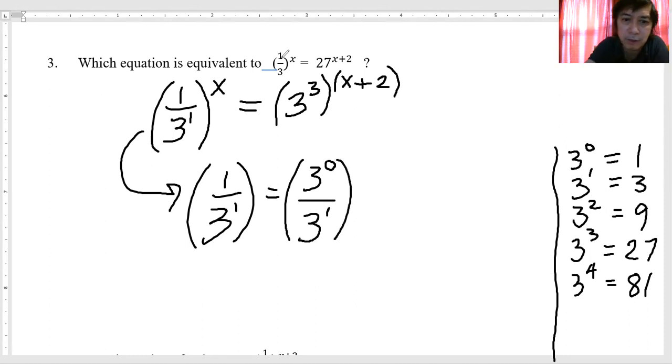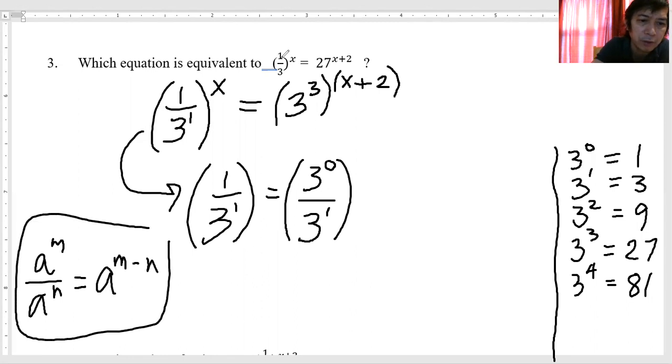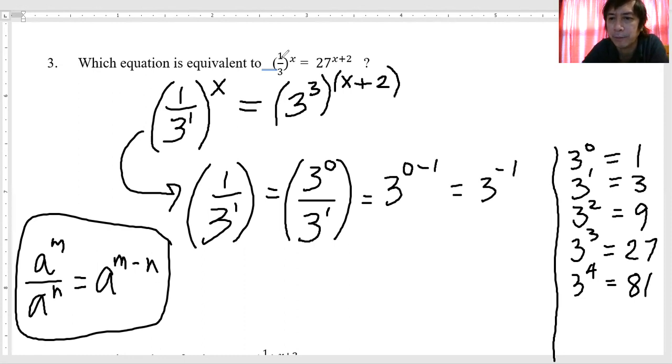Following the law we had before, a to the m over a to the n is a to the m minus n. Following this law, that means 3 to the 0 minus 1. So you have 3 to the 0 minus 1, and so this is 3 to the negative 1.